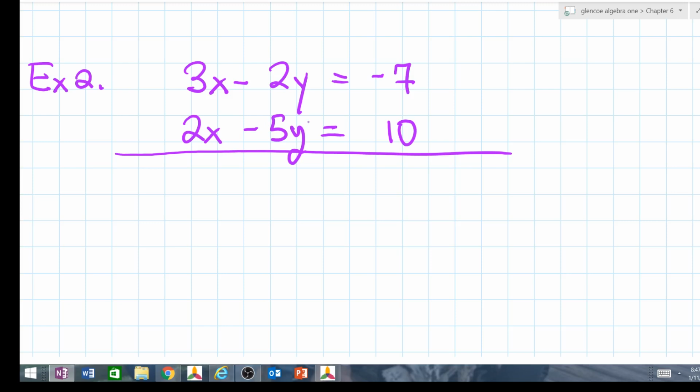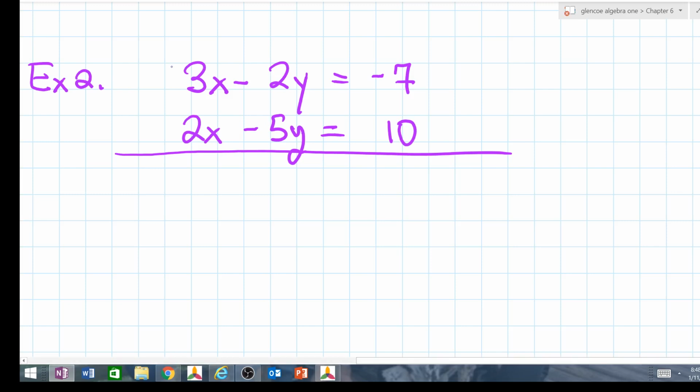Do you understand? Okay, so obviously these are both positive, the x's, the y's are both negative, so now we need to decide. Are we going to get rid of the x's or the y's? Do you want to multiply by positive or negative numbers?